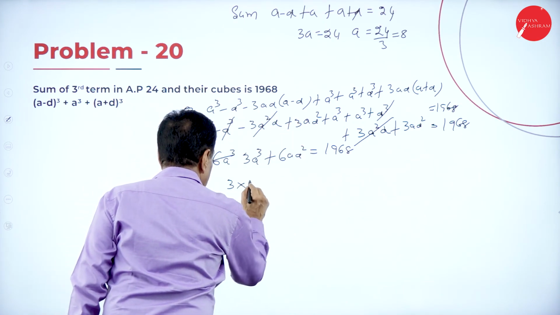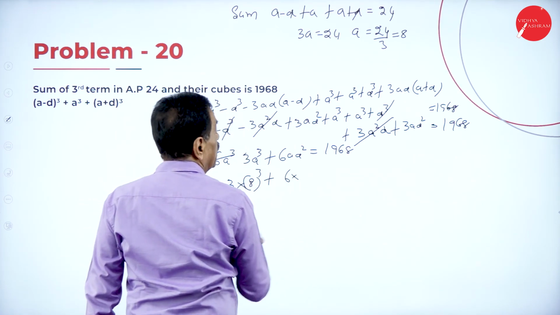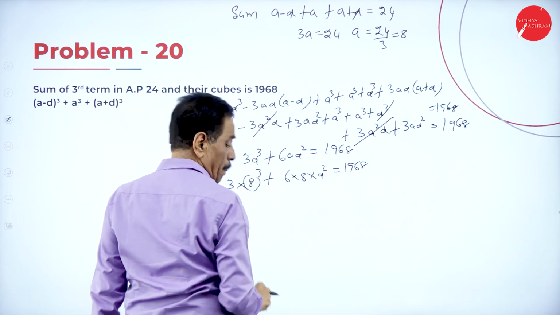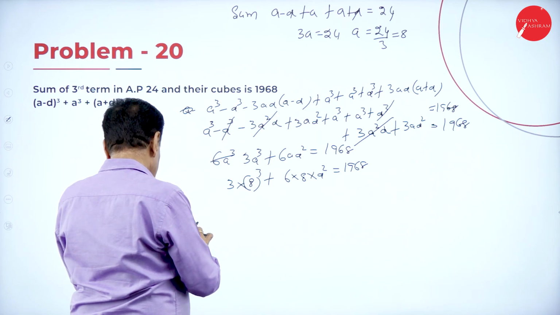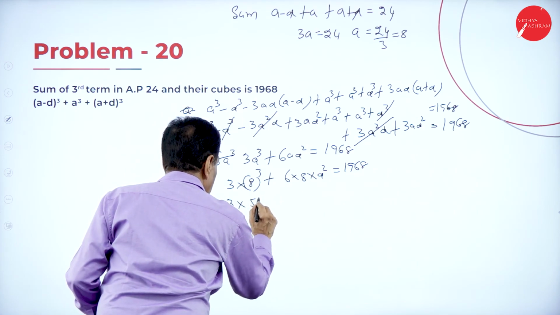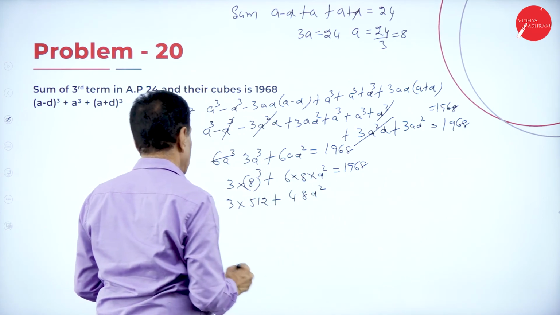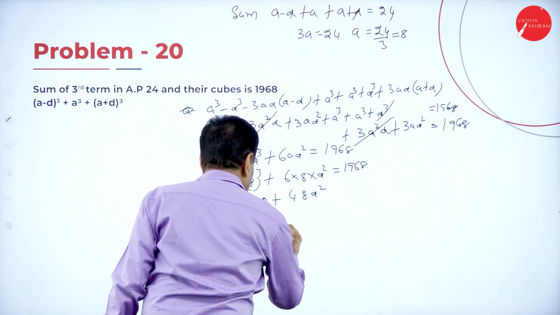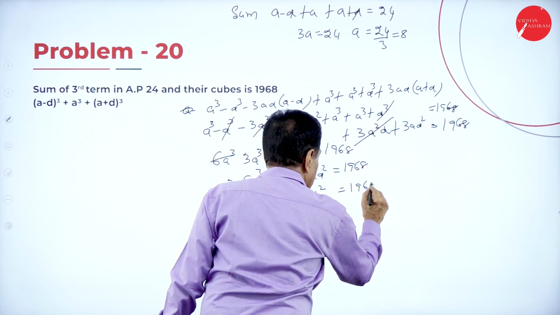So 2 into 8 cube, plus 6 into 8 into D square, is 1968. 8 cube is 8 into 8 into 8, 512. 3 into 512 plus 48 D square.